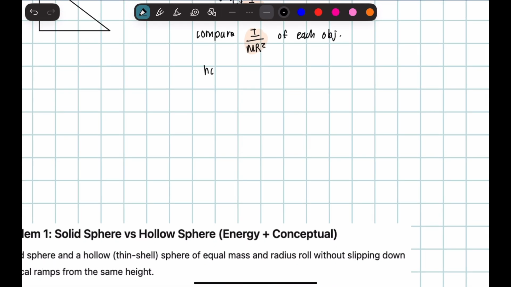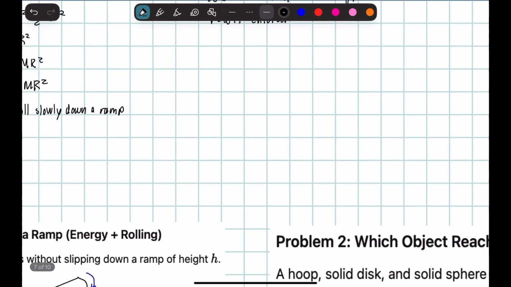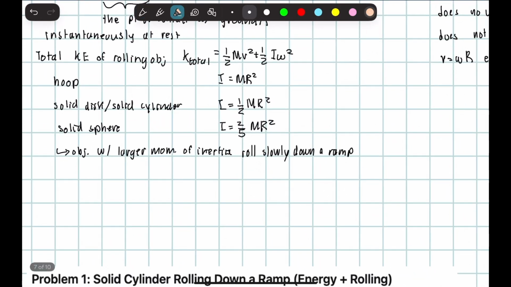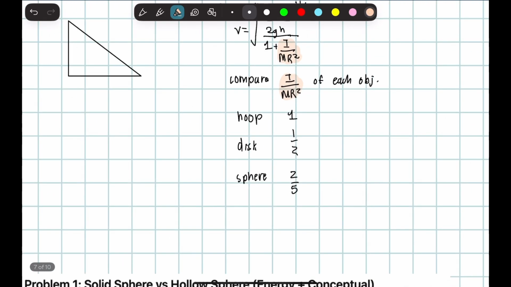So for a hoop, a disc, and also a sphere, that is going to be 1, this is going to be 1/2, and this is going to be 2/5. That was basically the number that we had up here, the number right in front. So they kind of correspond there.